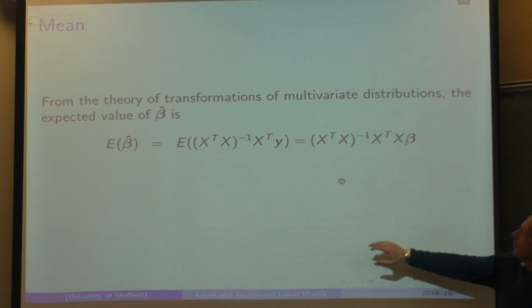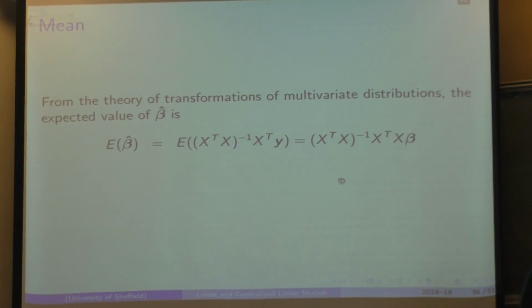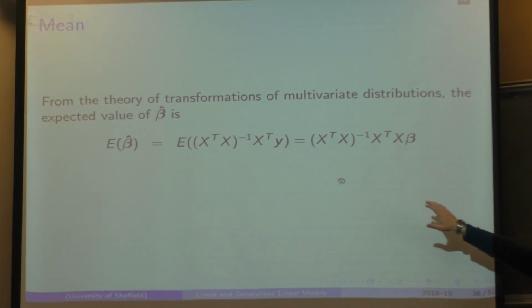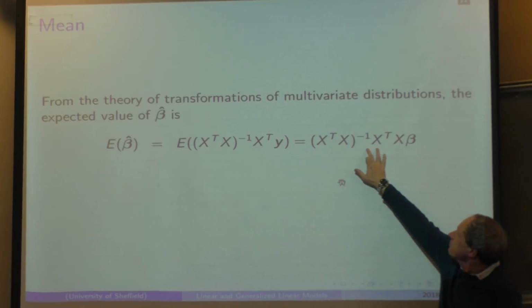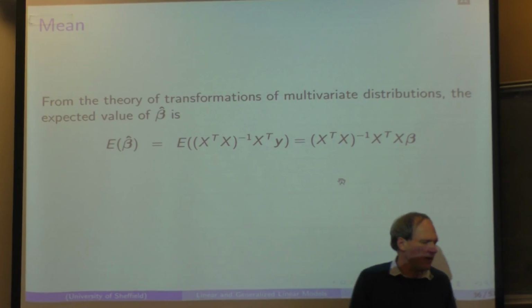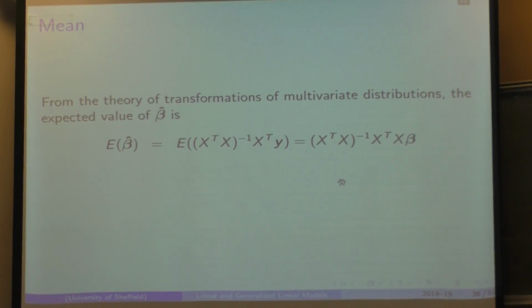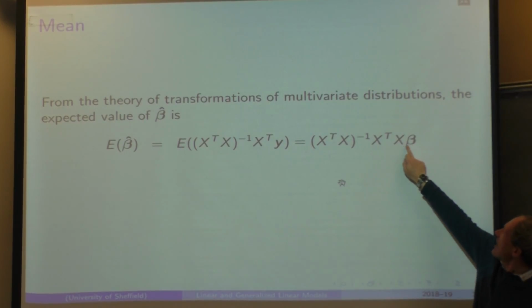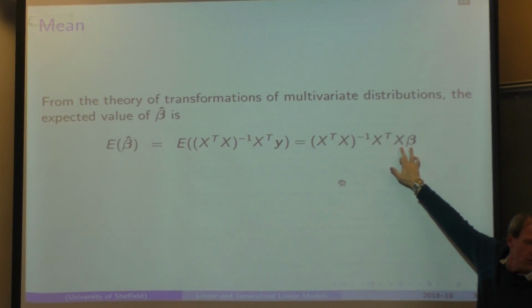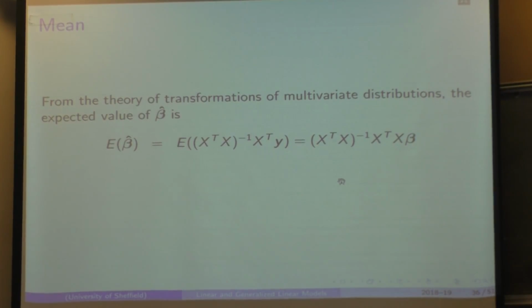So the expectation of beta hat, the mean vector, is going to be that matrix that we've just written down over here, x transpose x to the minus 1 times x transpose, times the mean of y, and the mean of y is x beta. Okay, so x beta here comes from the mean vector of y. So that's from the expectation of y from the previous slide.